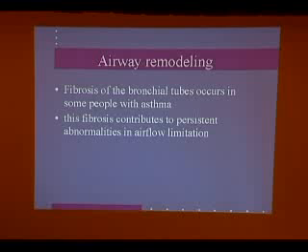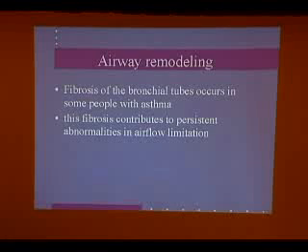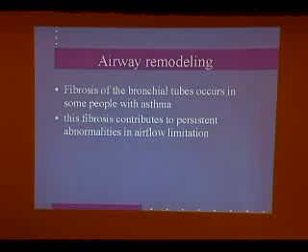The fibrosis in the bronchial tubes occurs in some patients. We don't know which patients are susceptible to this. The fibrosis contributes to persistent airflow obstruction and limitation. In the definition of asthma, reversible airflow obstruction is really one of the hallmarks. So we're talking about advanced disease where the inflammation has gone unchecked.